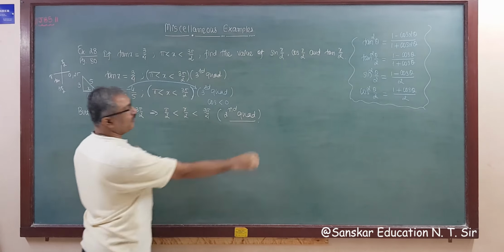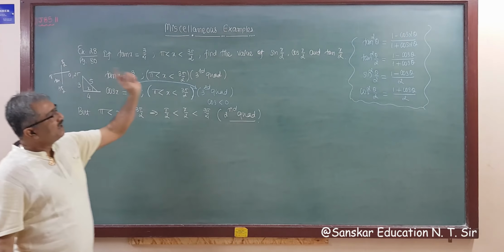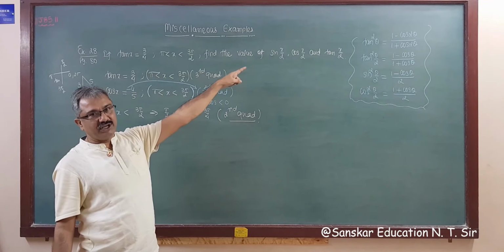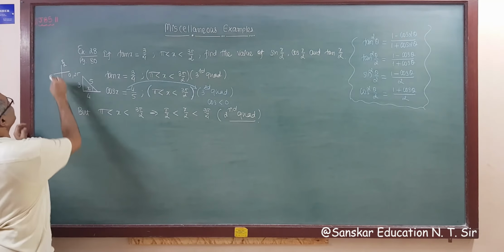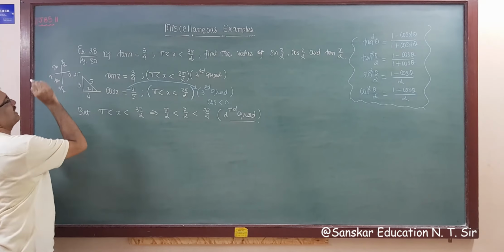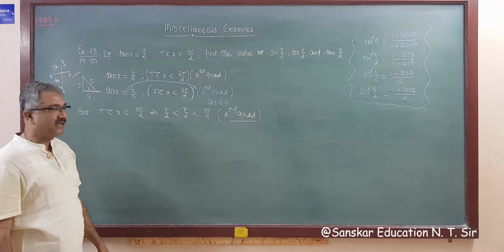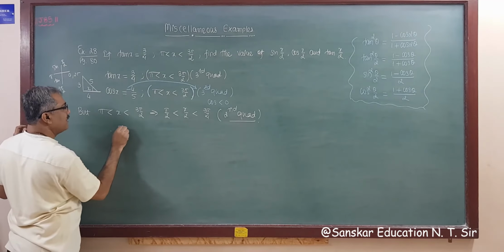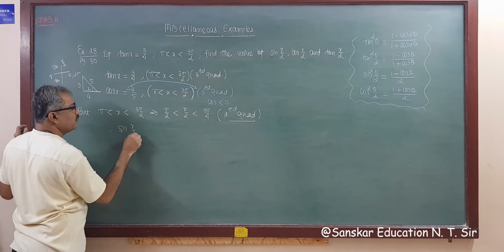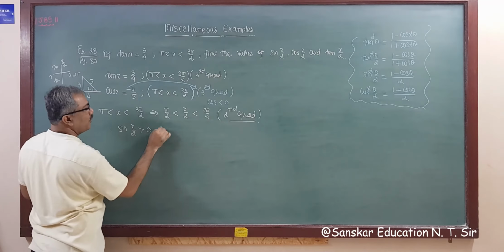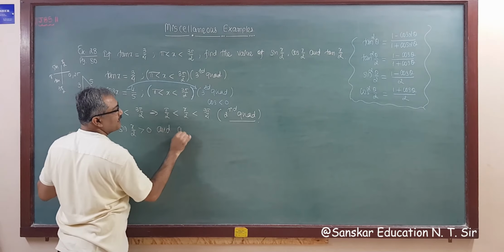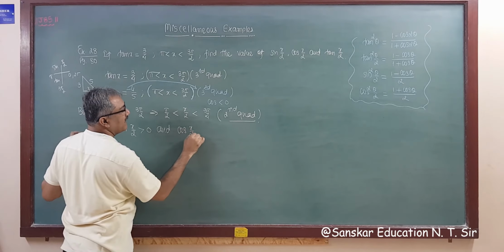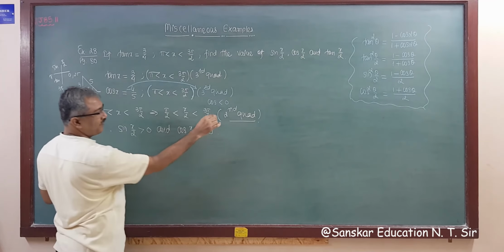Now in second quadrant, sin is positive and cosec is positive. All others are negative. So therefore sin x by 2 is greater than 0 and cos x by 2 is less than 0.